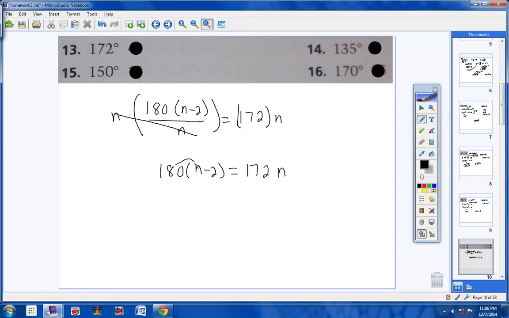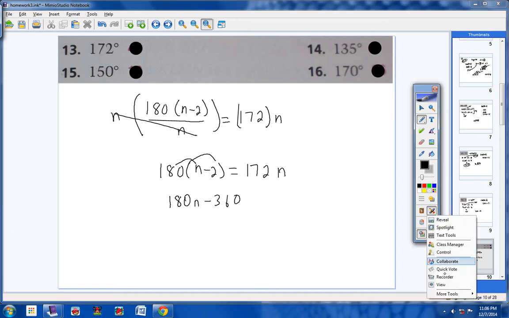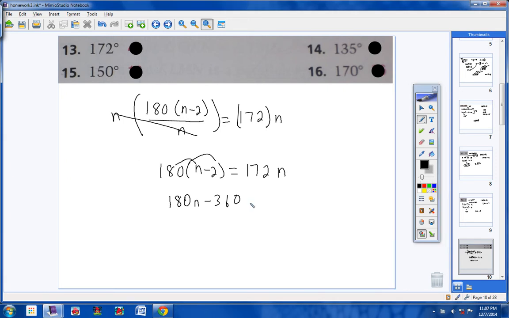Now take your 180, multiply it through. 180 times n, 180 times 2. Bring down your 172n. Now bring this over and make it negative. And we're left with negative 360 equals negative 8n.